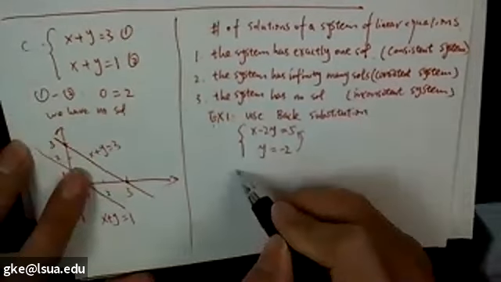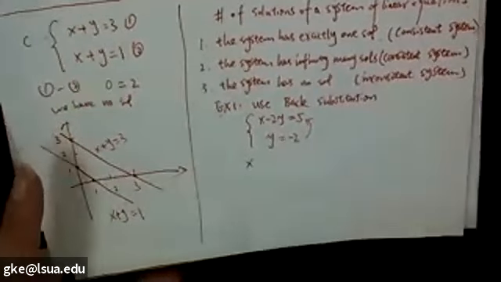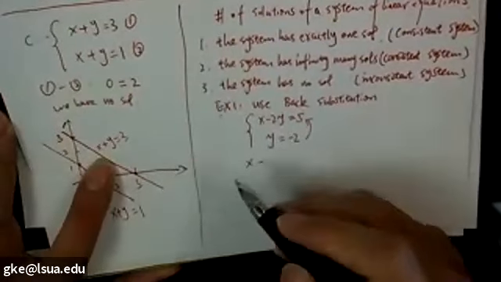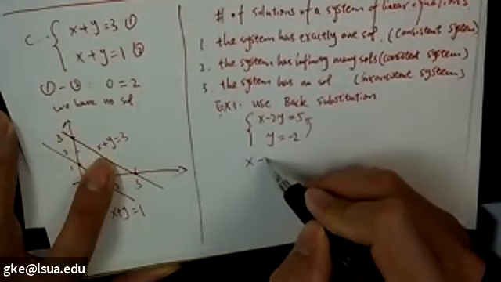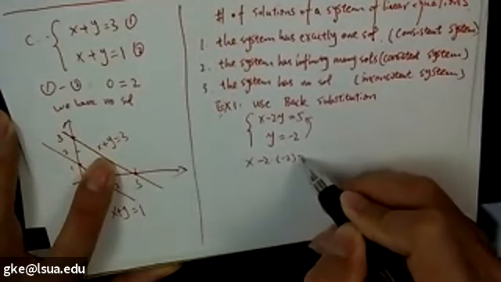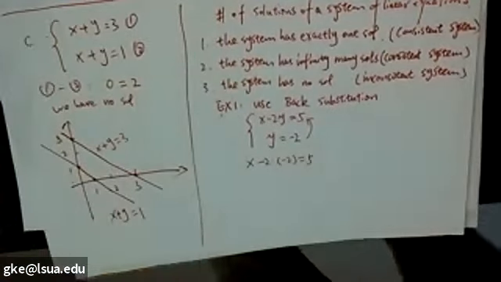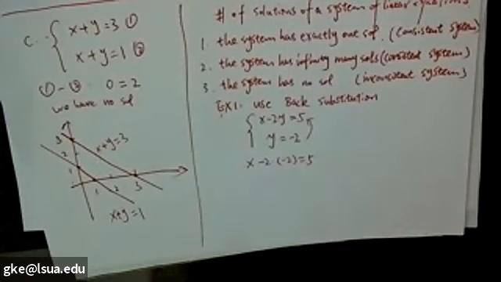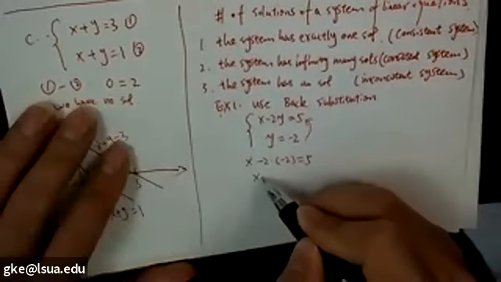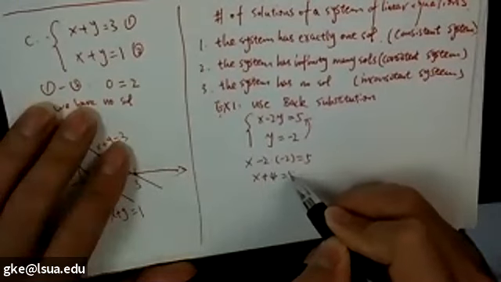So x minus -2 times -2 equals 5, and that gives us x plus 4 equals 5.